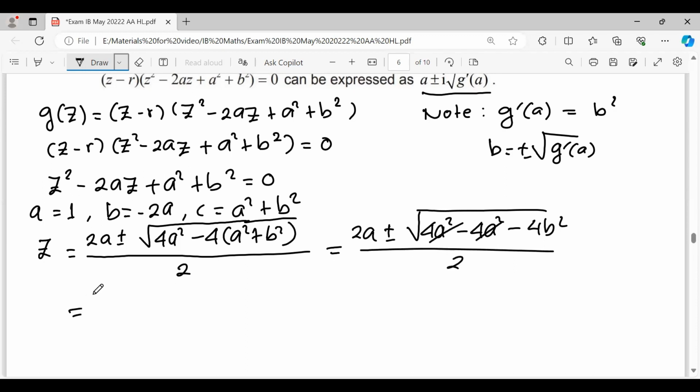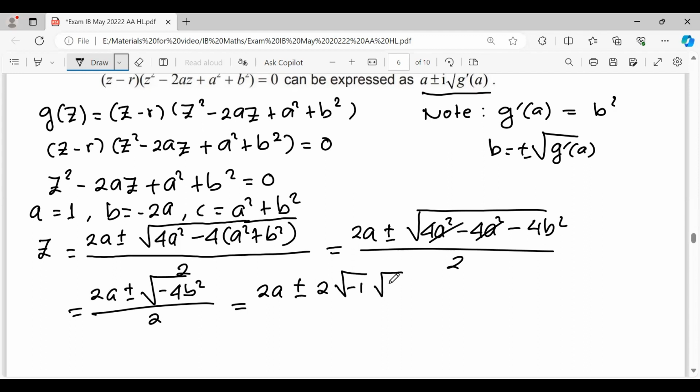So it becomes 2a plus minus the root of minus 4b squared over 2, or 2a plus minus 2 times the square root of minus 1, b squared, over 2.